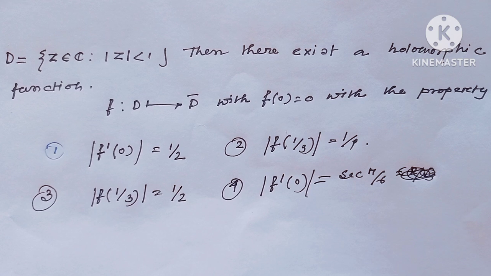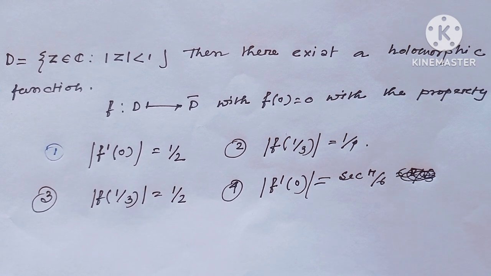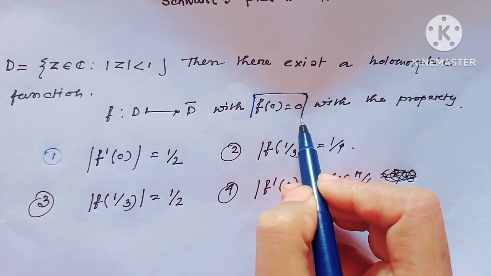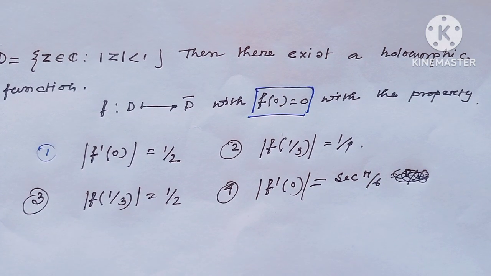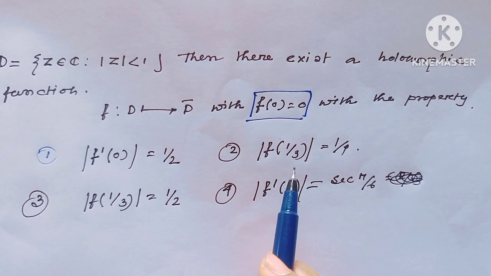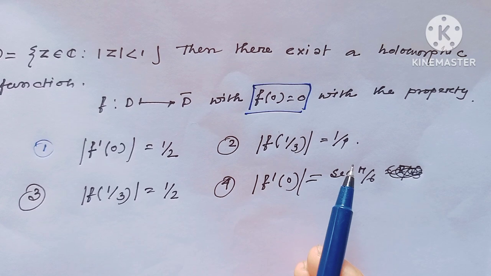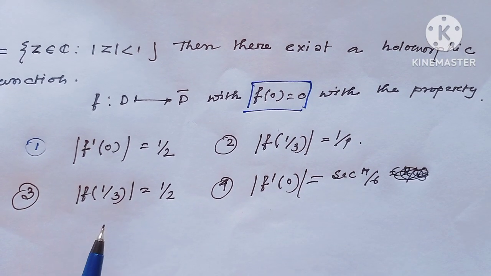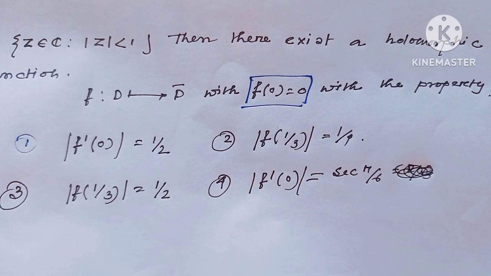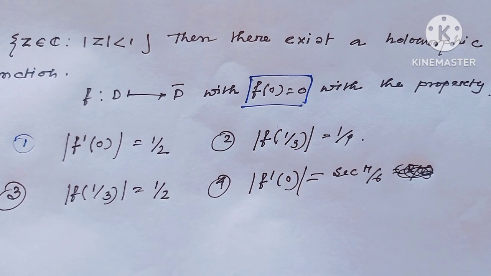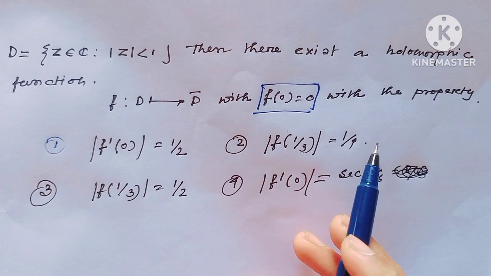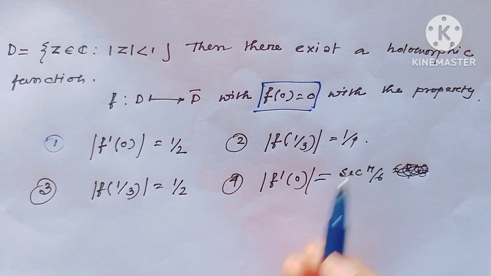There exists a holomorphic function f from D to D closure with the condition f(0) equals 0 with the property: first, f prime 0 equals half; second, f(1/3) equals 1/4; third, f(1/3) equals half; fourth, f prime 0 equals sec pi over 6. Which of the following is the true option? Notice this is the Schwarz lemma. This is actually an application of Schwarz lemma.